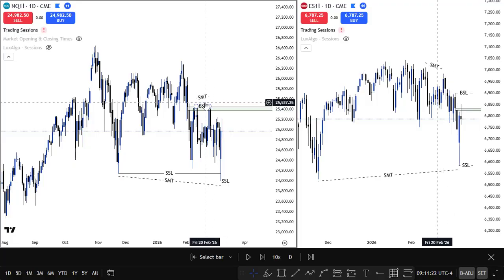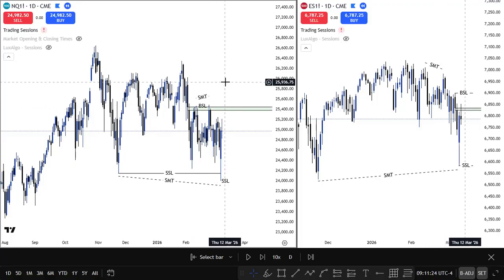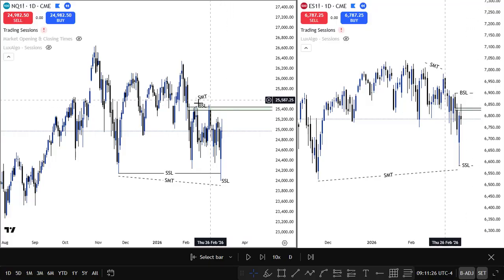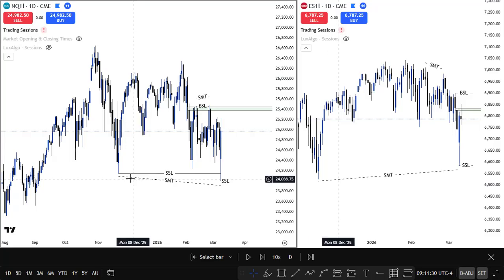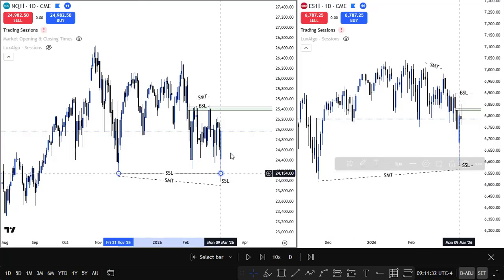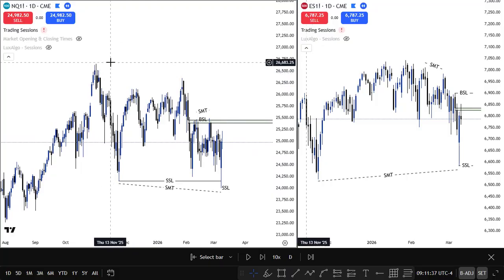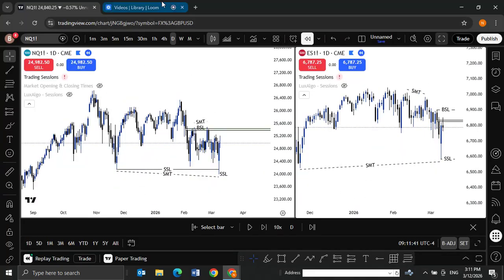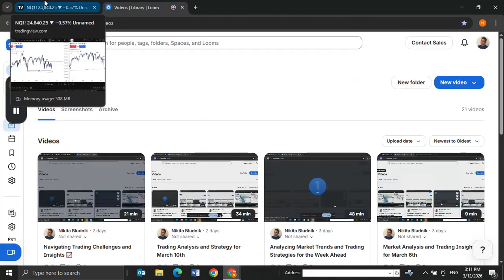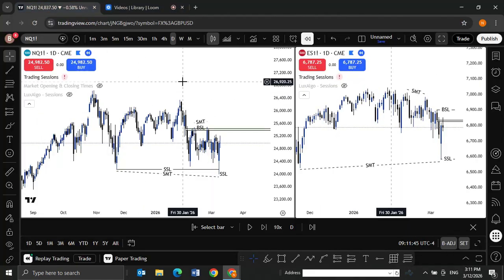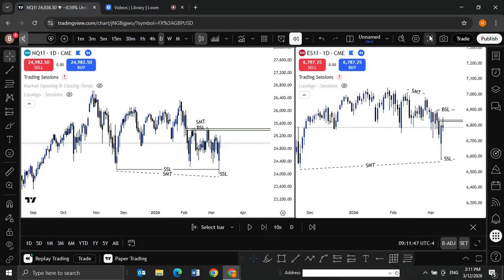This market structure shift above this buy side liquidity would be great, because that would be the perfect entry model with the sell side being taken. In this case, we might consider the buy side being taken, going to the all-time highs. In my opinion, this is a quite reasonable idea.